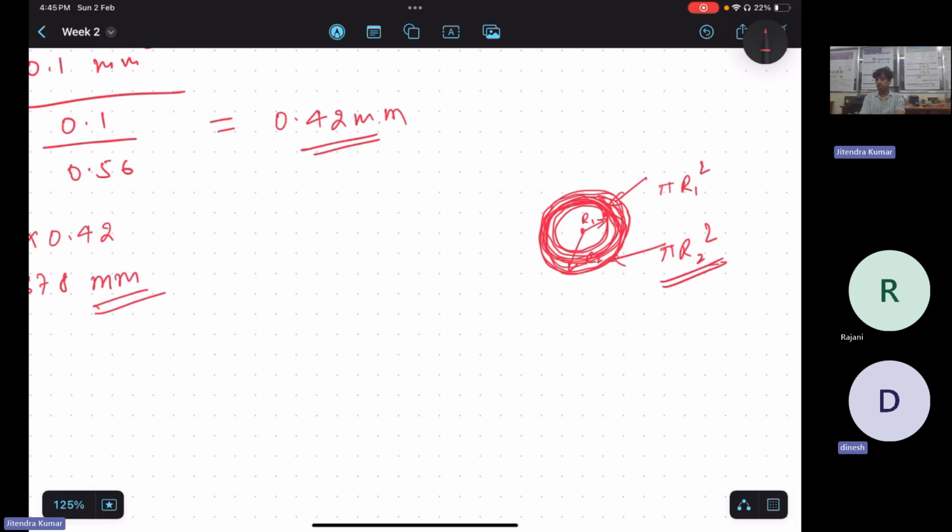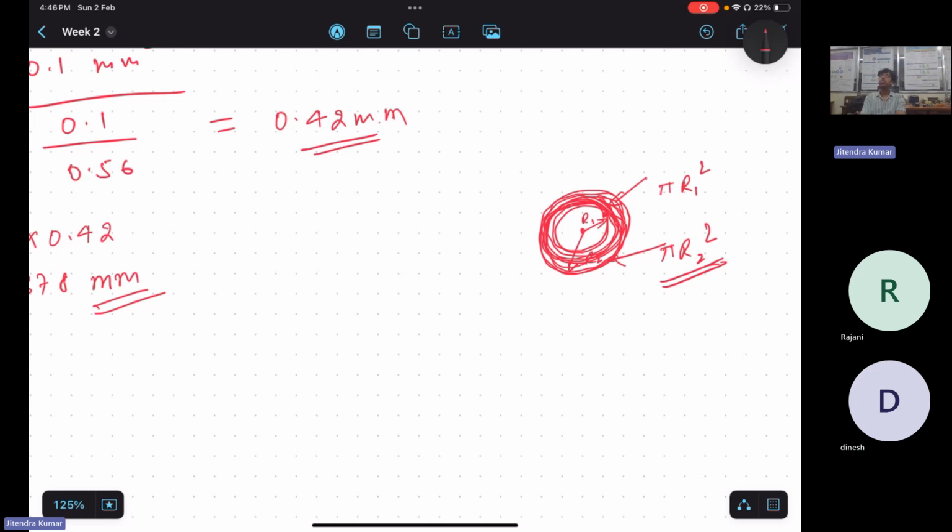This we are doing for the calculation of the length of the wire. Yes, and for length, we need diameter. So if I calculate 2 pi r2 minus 2 pi r1 into n, whether it will give the length?